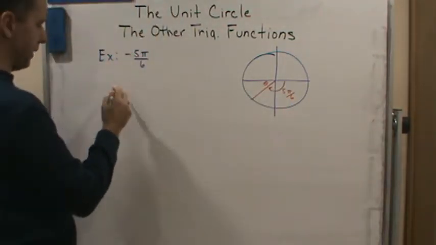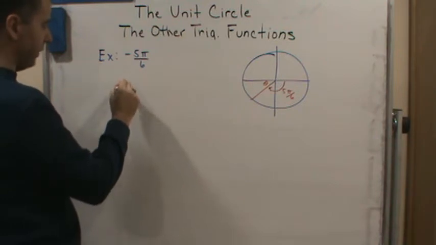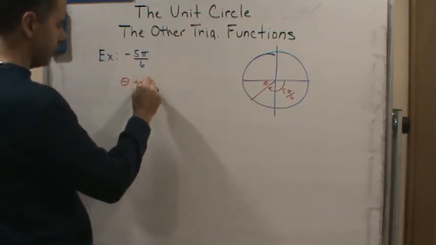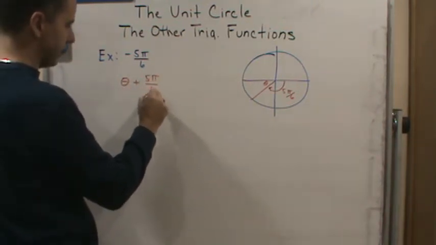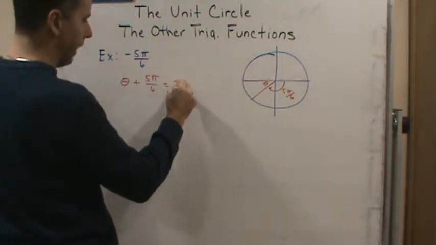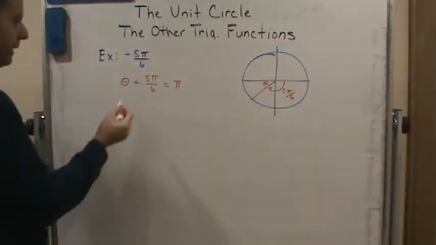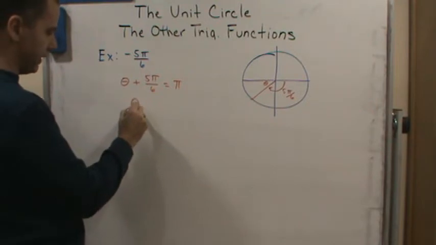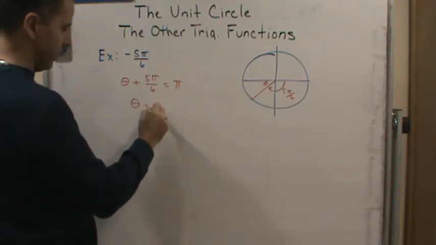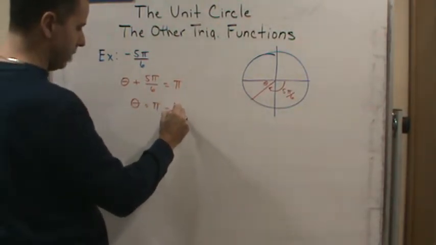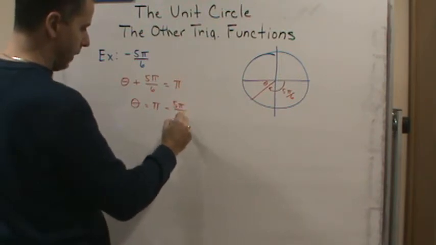Let me spell that out for you. We know that theta plus 5 pi over 6 has to equal pi. So to find theta, all I have to do is take pi minus 5 pi over 6.